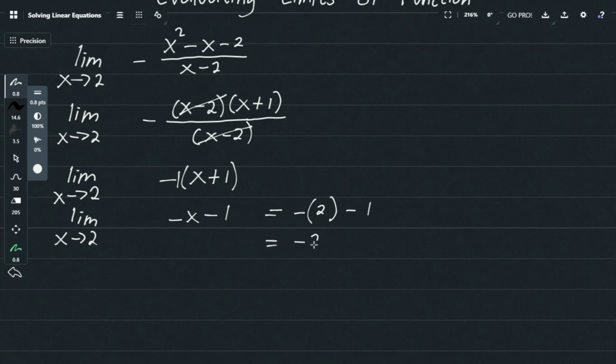We have negative 2 minus 1, which is just equal to negative 3. So the answer of the limit of negative x squared minus x minus 2 all over x minus 2 as x approaches 2 is equal to negative 3. So this is the correct answer.